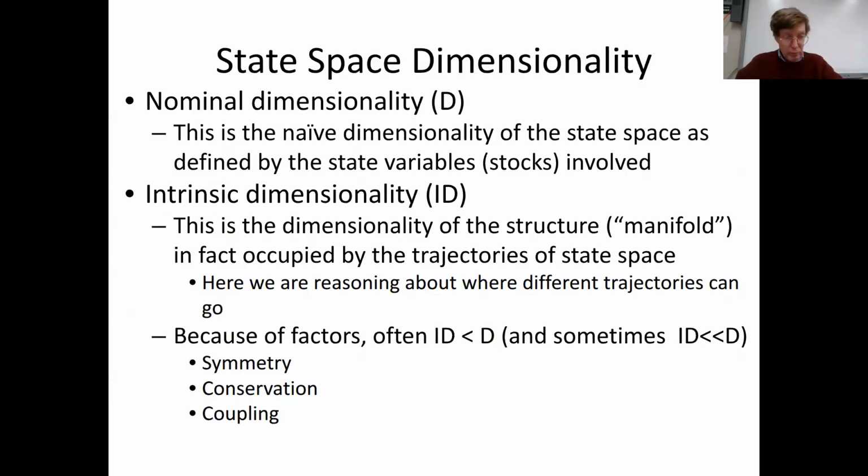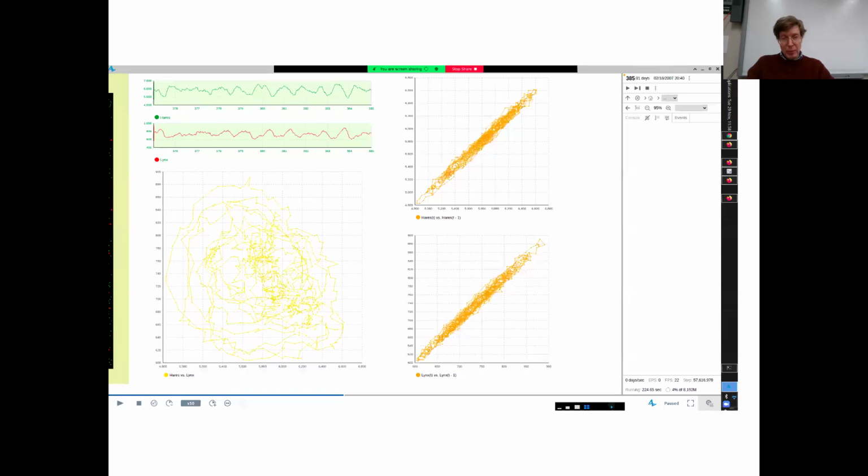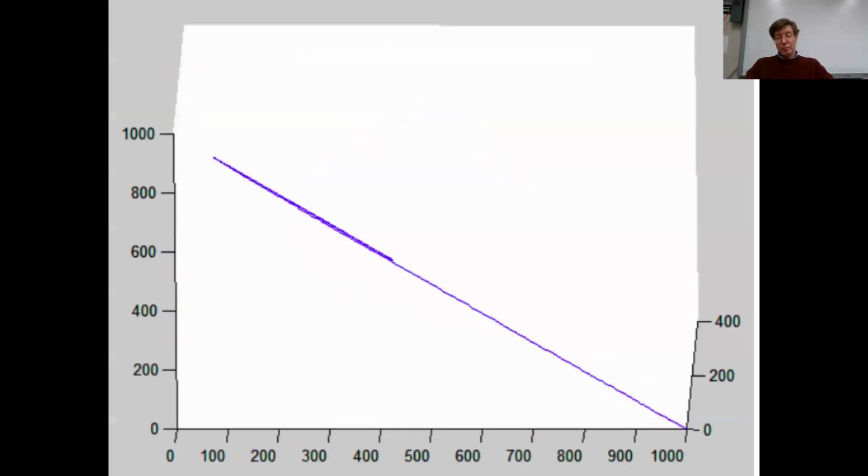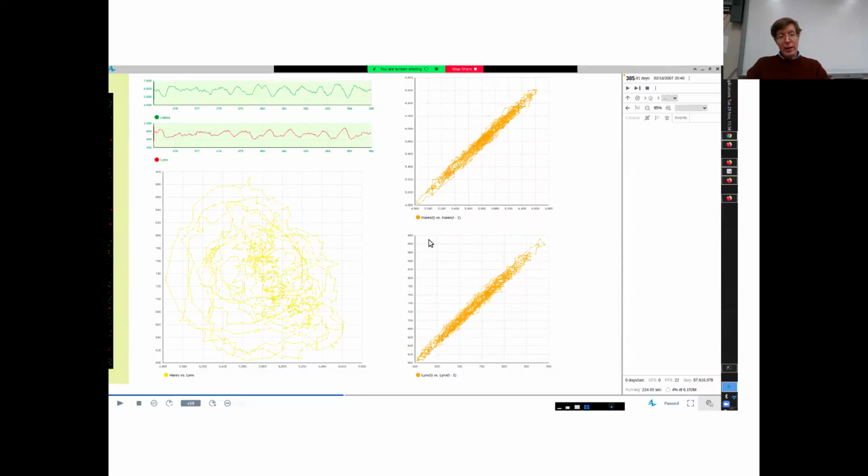So I'm going to distinguish here, importantly and repeatedly, between nominal dimensionality, the naive dimensionality of a state space, something like this, where you say, well, this is just three state variables, versus the intrinsic dimensionality, here closer to two. It's only exercising two dimensions. And here we have massive nominal dimensionality, but the intrinsic dimensionality, I'm arguing, is much smaller.